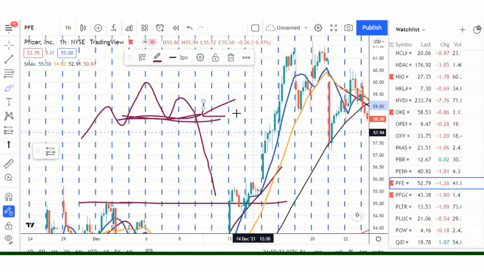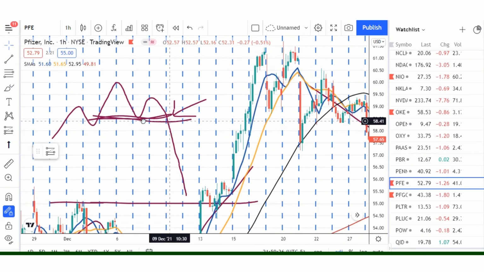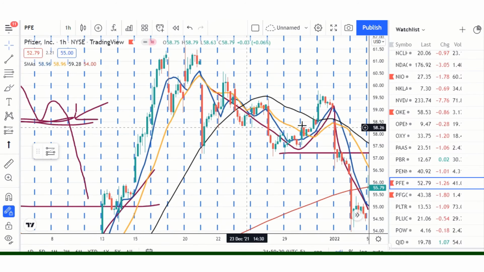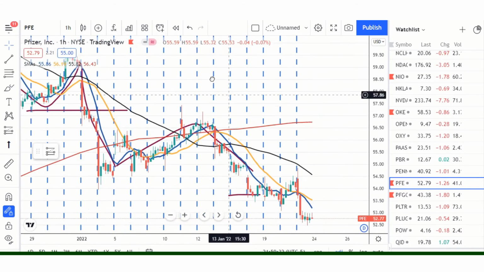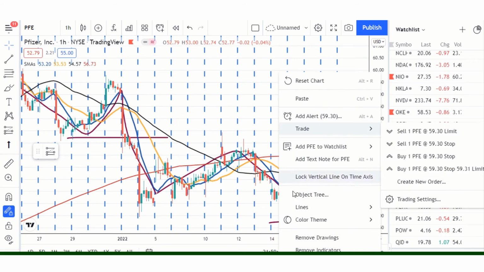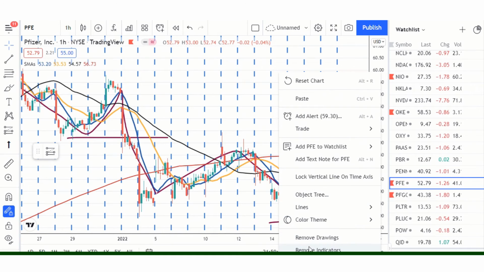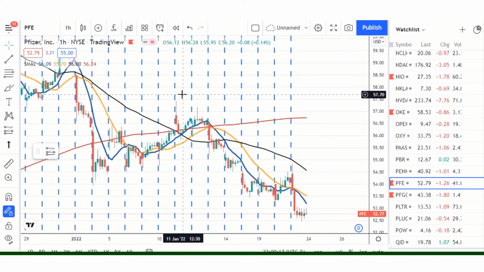Okay, let's look for the head and shoulders pattern. Let's see if we can find it in one of these charts. Okay, let's get rid of these drawings. Okay, let's use GameStop.